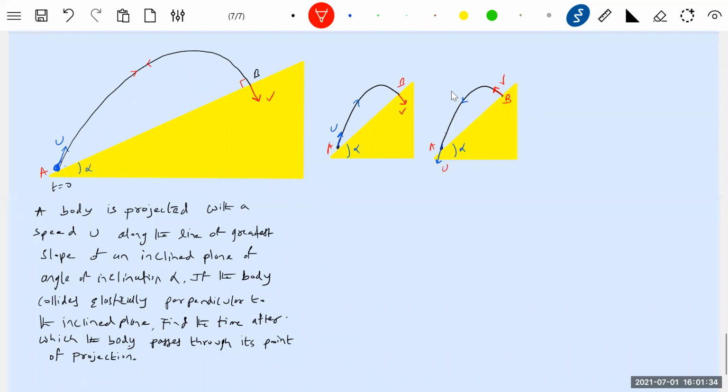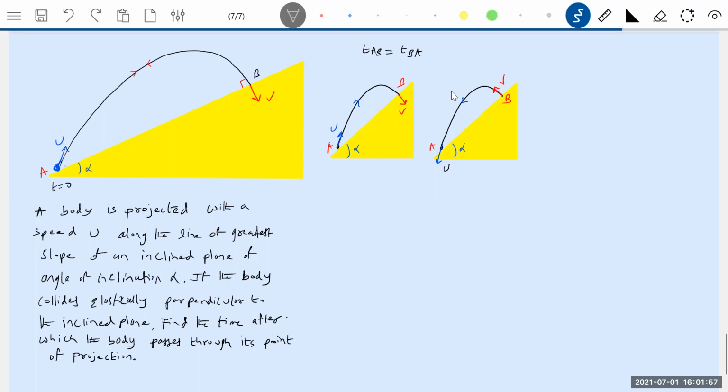So it will strike back with the same speed U. If that is the case, then what about the times? TAB is in fact equal to TBA. Sir, are you sure? Yes, I'm very sure.